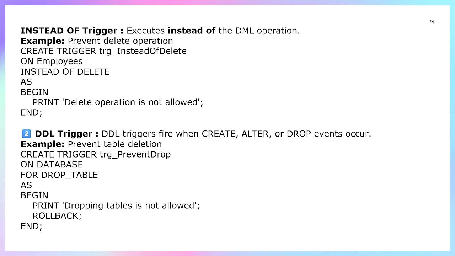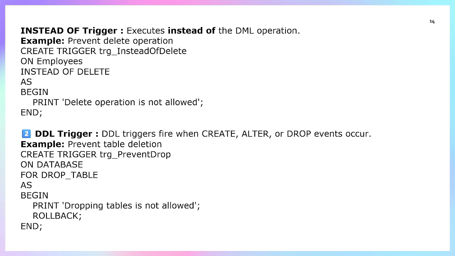For example, create trigger name on the table on which you want it. Instead of means if a user wants to delete, then don't delete that record. So if a user is trying to delete a record, what do we have to perform? To prevent the deleting of a record, we can add this trigger.